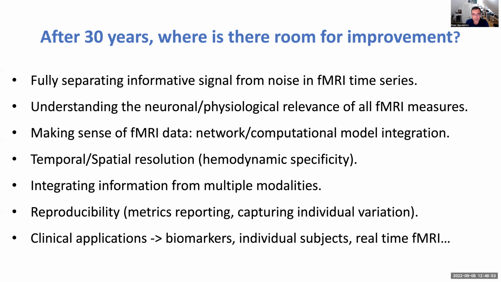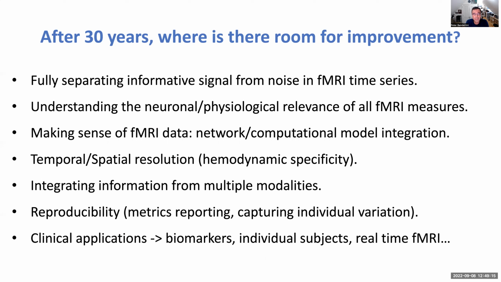There's still much to do in terms of modeling the noise and modeling the signal so we can extract them. And as most of you know, the controversies of whether we should do global regression or not all have to do with what we consider noise and what we consider useful information, or information that we really don't want to throw out.